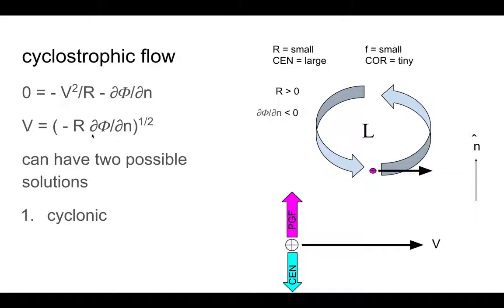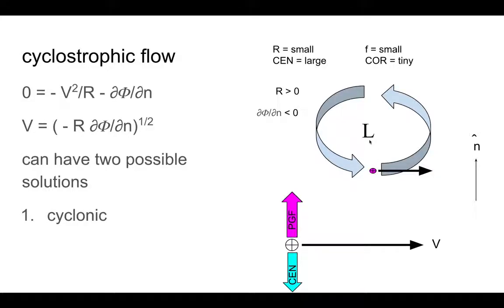And this can actually have two possible solutions. And so we can have a cyclonic circulation. We can have this counterclockwise turning where the radius is positive. And if R is positive with this minus sign, that means dphi/dn must be negative. And that's the case. We have lower pressure to the left in the n direction.